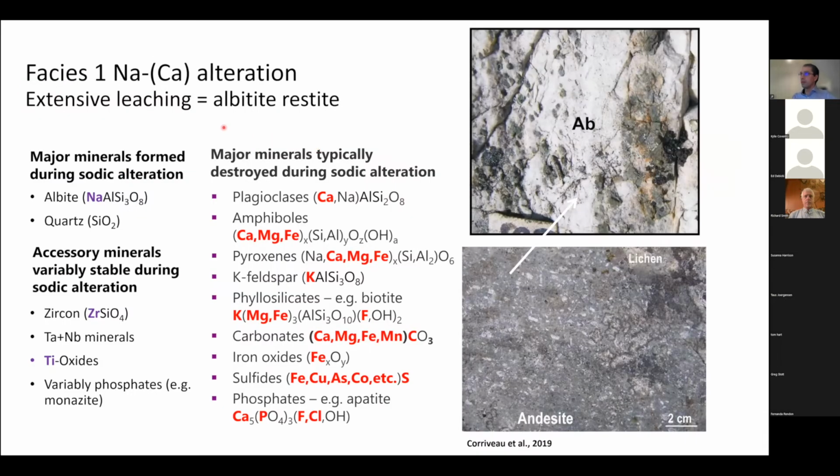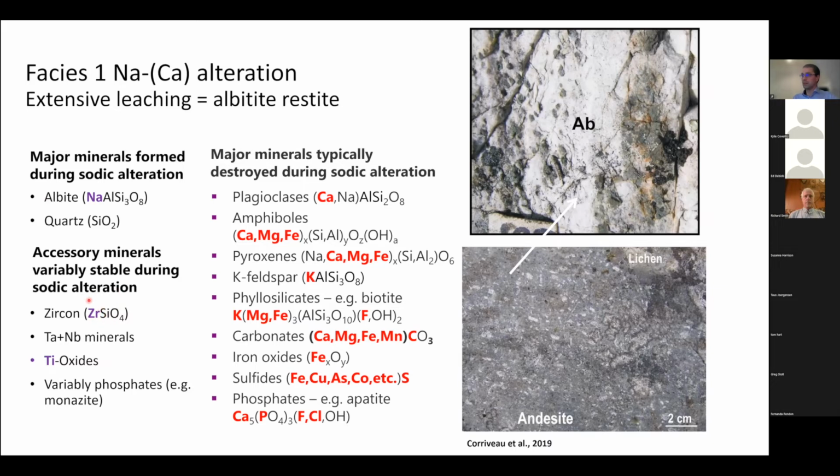When we look at what happens when we're doing extremely strong sodic alteration, so we start with a host rock, and regardless of its composition, generally we're having a risk type, which is an albitite. So the major mineral during sodic alteration is generally albite, and then there can be a variable residue of quartz and some accessory minerals.